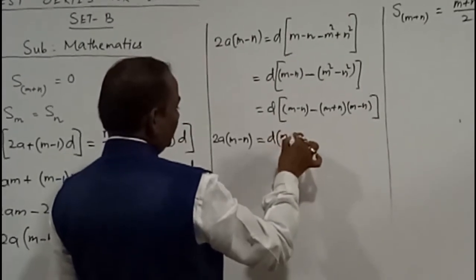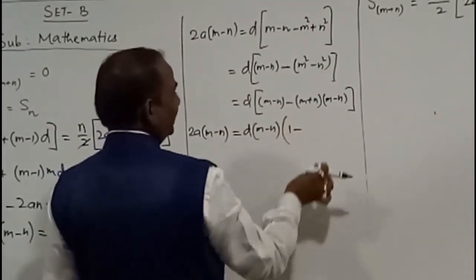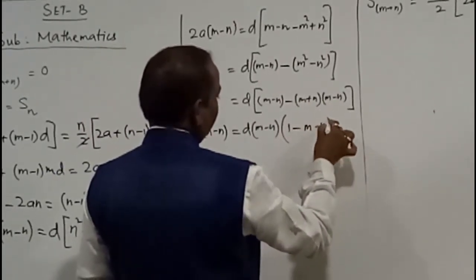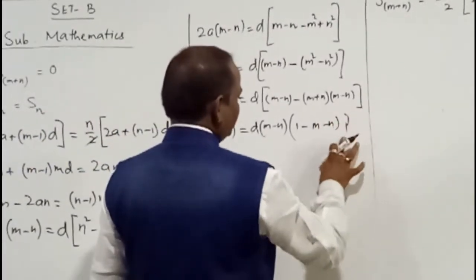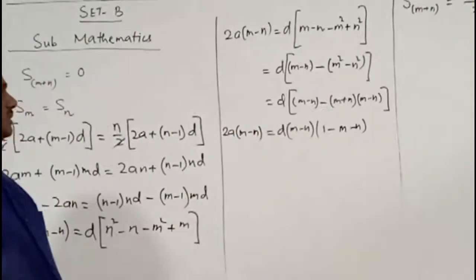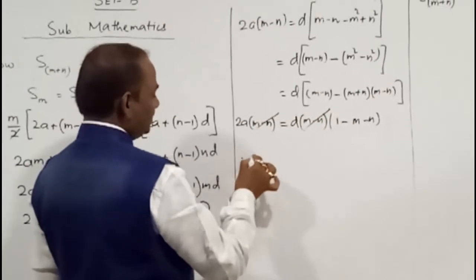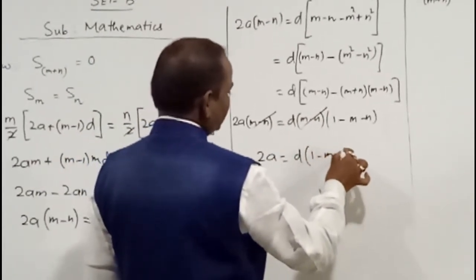D into m minus n, and what remains is 1, minus m plus n, since if I multiply with this, I get minus m plus n. So here I come to a conclusion that this can be factorized in this manner. Here you can see m minus n and m minus n get cancelled, so I get 2a is equal to d into 1 minus m plus n.